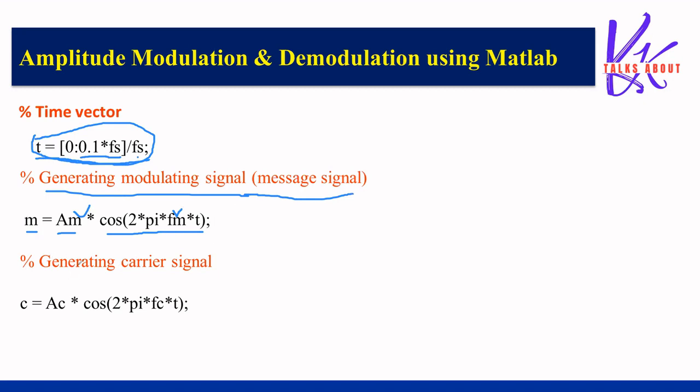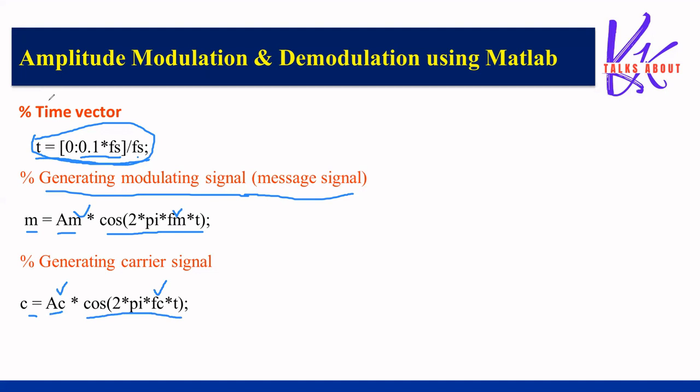Next, to generate the carrier signal, c is equal to Ac into cos of 2 pi fc t. We have defined the carrier amplitude Ac equal to 1 and the carrier frequency fc equal to 500. The time is already defined as 0 : 0.1*Fs / Fs.